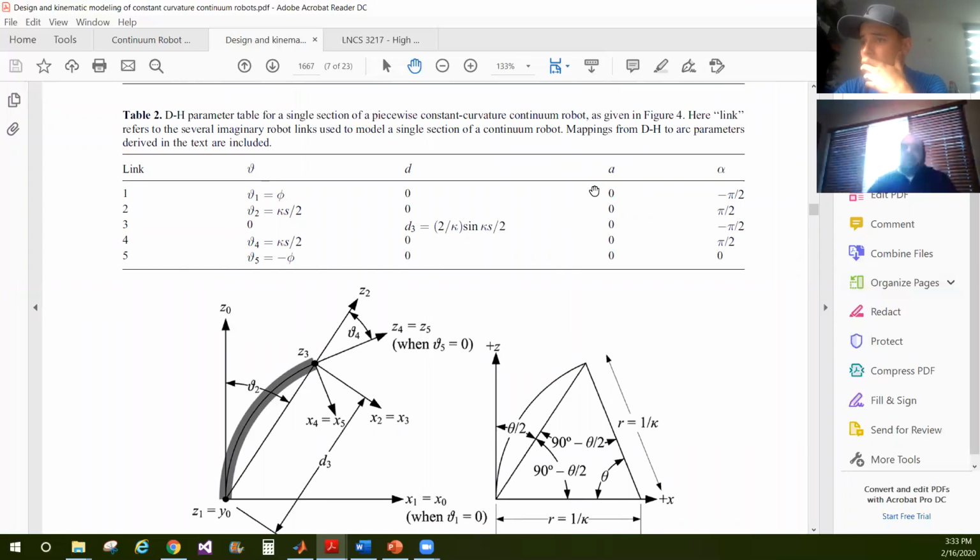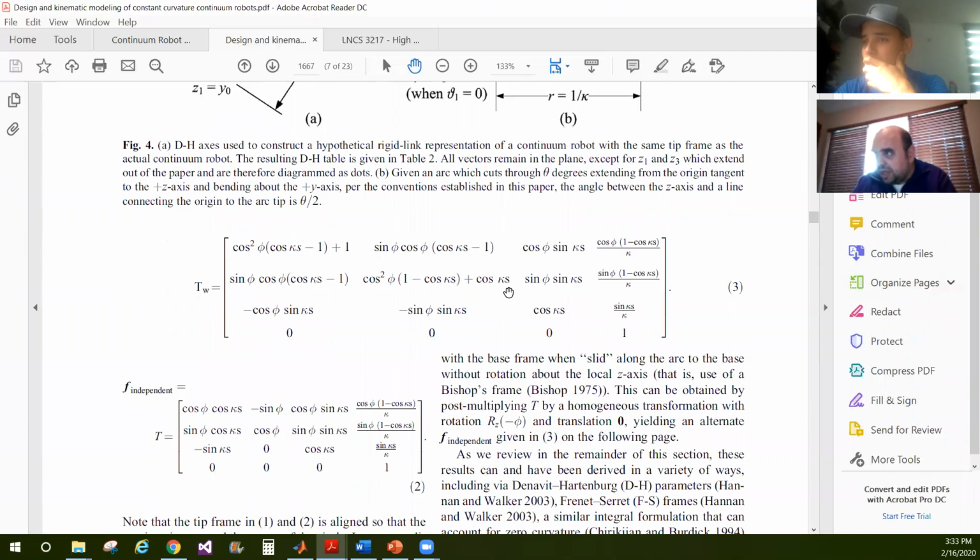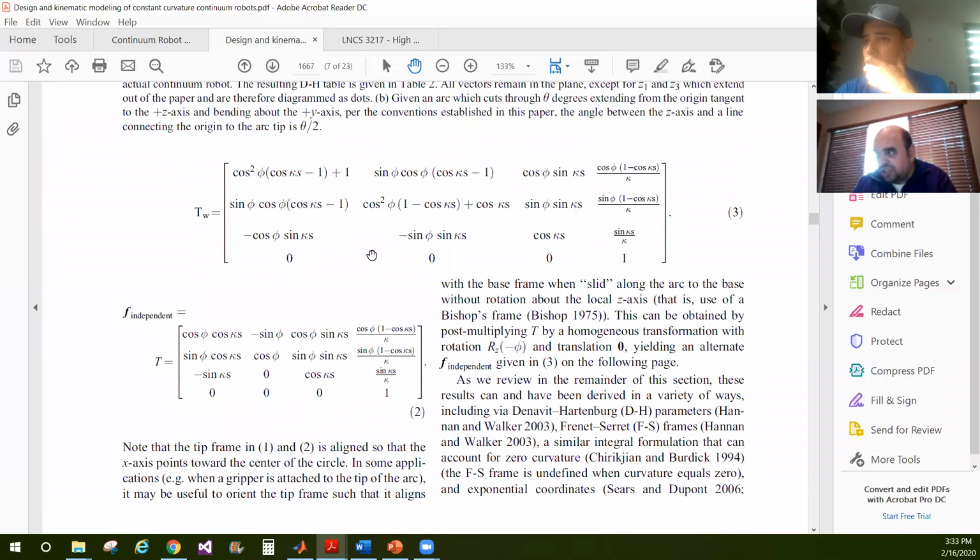So it looks like if we just use the DH table and do the normal transformation using the DH table as we're supposed to, we should get to the same result of equation 3, correct?